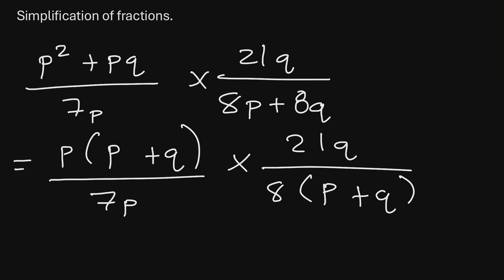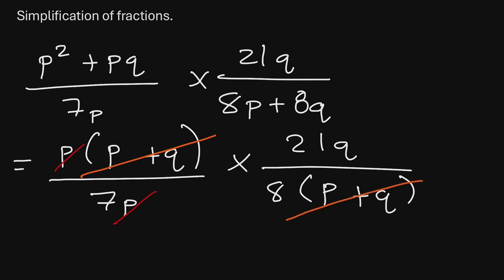So now if we have a multiplication here, what is at the top can cancel out with what is at the bottom. If we look at the first part here, we can see that p will cancel out with p. But also, if we move through this multiplication, we have the same thing which is p plus q, which will cancel out with p plus q.